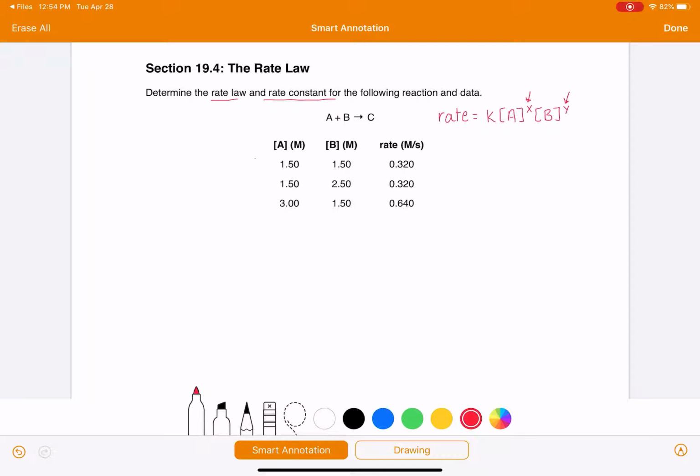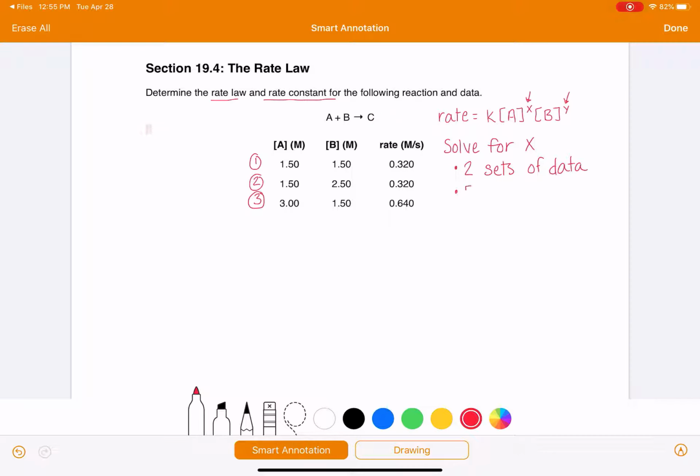In this problem we have three sets of data, 1, 2, and 3. These are the three sets of data available to us to help us figure out what the rate law is. So to solve for x, we are looking for two sets of data.